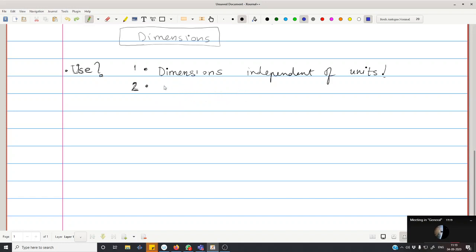So dimensions help us in maintaining homogeneity, meaning that in a given equation or expression, all the terms must have the same dimensions. Sir, dimensions can help us determine what kind of quantity a constant of proportionality is, like the coefficient of viscosity. Right, right. I'll get to that.